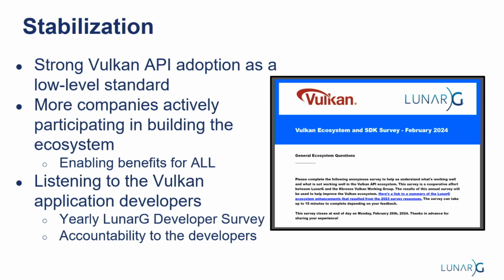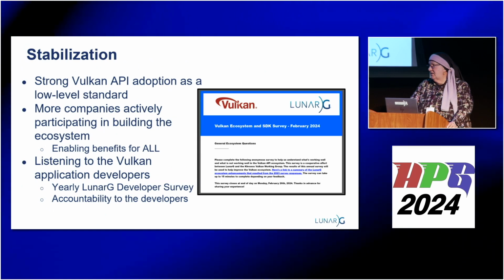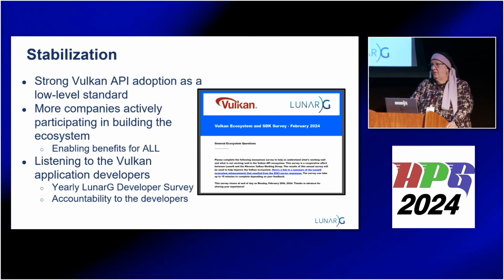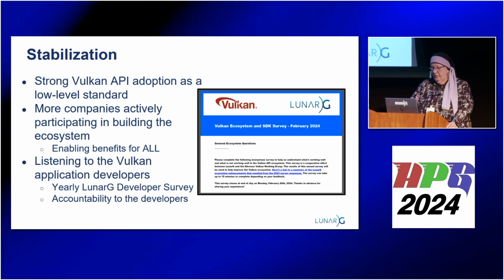About a year and a half after the first SDK, I started doing ecosystem surveys every year, determining what are the gaps, what are things that are going well, what do you want more of, what do you want less of, what are your challenges as a Vulkan application developer. And we listen to these surveys and study them closely. It will guide the priorities of what we work on in the next year in terms of enhancements, such as the crash diagnostic layer. That has been a very highly requested item from the ecosystem.